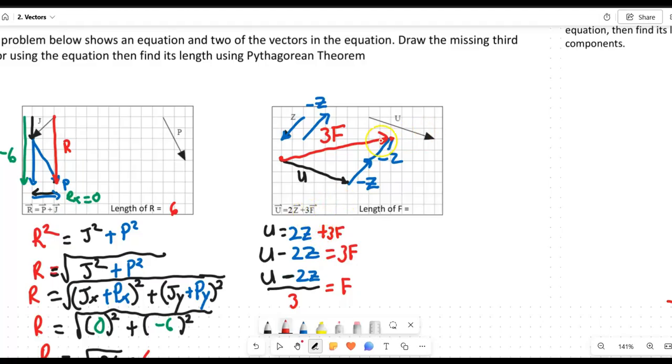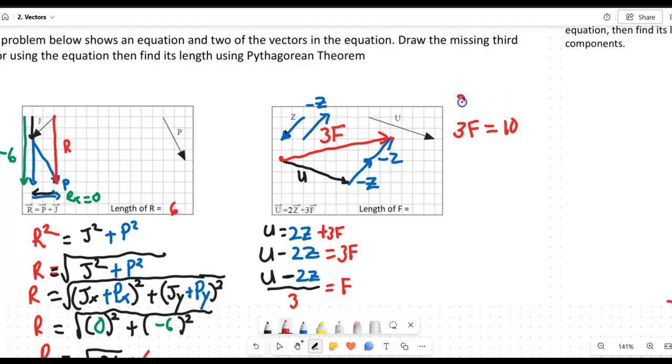Now we could just take the components of 3f. So how far over is this? 1, 2, 3, 4, 5, 6, 7, 8, 9, 10. So this is 10.